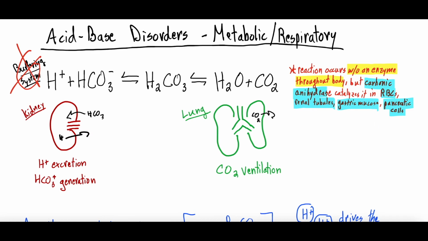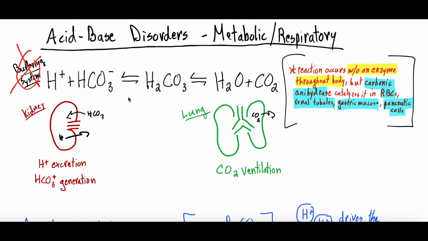So the thing to take away from this little blurb here is that this buffering reaction is going on all over the body at all times, but the body also gets assistance from this carbonic anhydrase enzyme in these different areas to make this equation more efficient, or it catalyzes it to make it happen more.